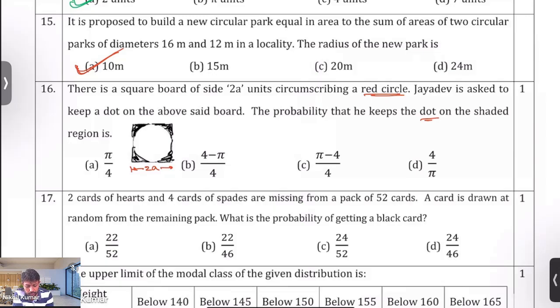Let me delete that and rewrite the dimensions once more. So this length is 2A, and I'm sure you all note what is the shaded region. It's the regions outside the circle but inside the square. Those are the shaded region we are talking about.